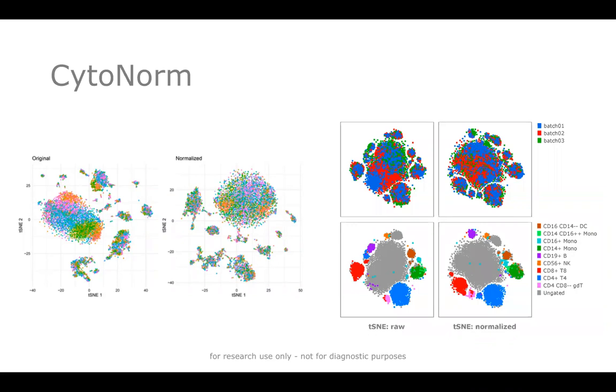In order to run CytoNorm, I just want to give a little cautionary tip here. You want to have the same controls run for every single sample. Some have chosen to freeze down PBMCs, maybe activated PBMCs, before they start their longitudinal study, so that they can add aliquots of the exact same PBMC sample to every single one of their runs.